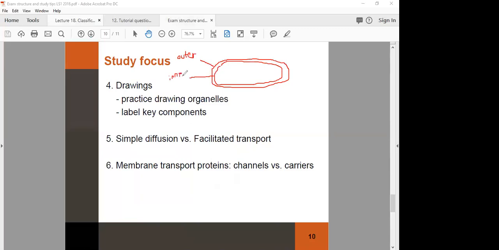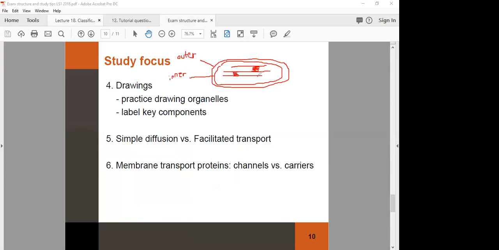Does anyone remember any other part of the chloroplast? The vacuole? No. No. So this is not the cell that I'm drawing. This is just the chloroplast itself.